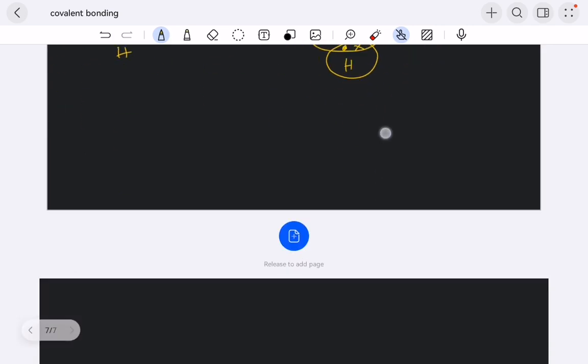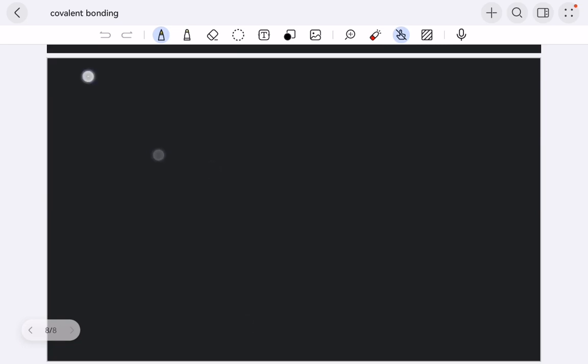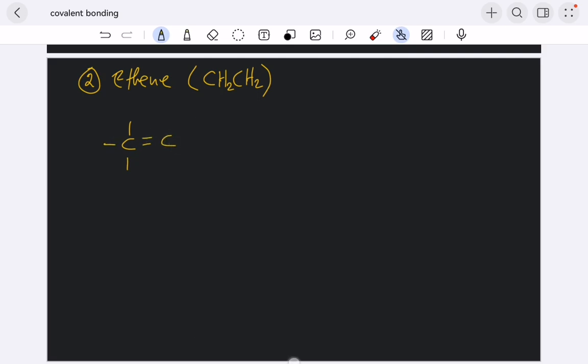In a case where I'm looking at a compound like ethene, C2H4, I'm looking at a structure like this. There's hydrogen. So I can take this back to covalent bonding.